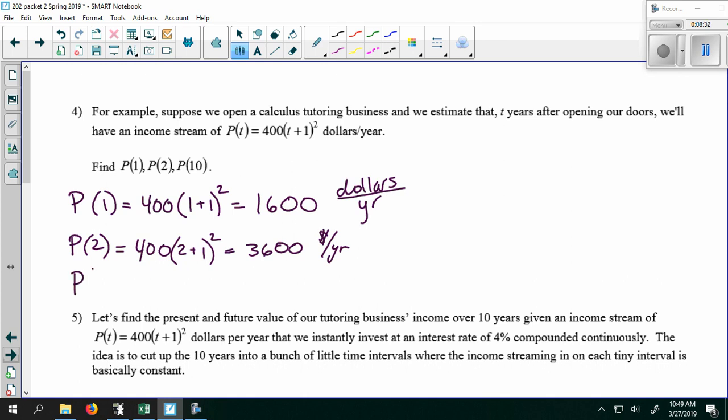And then P of 10, 10 years after we open this business, we have 400 times (10 plus 1) squared, which is $48,400 per year.